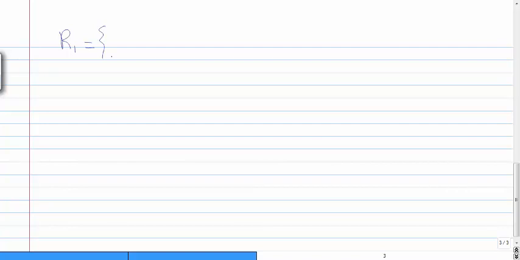R1 means that the first light is red, so these are the outcomes that come under R1. There are 4 outcomes that satisfy R1.